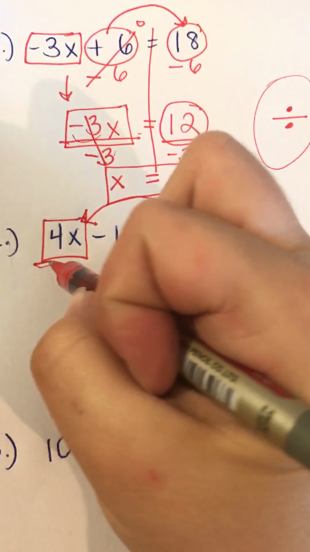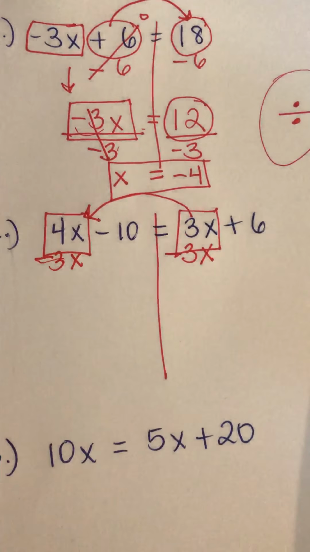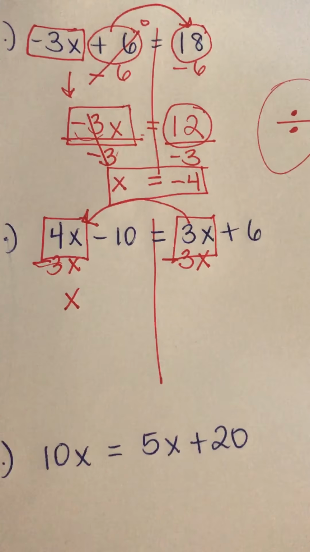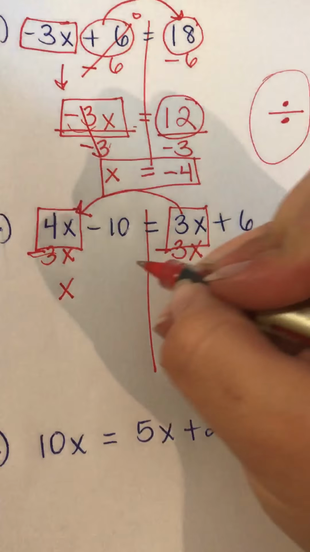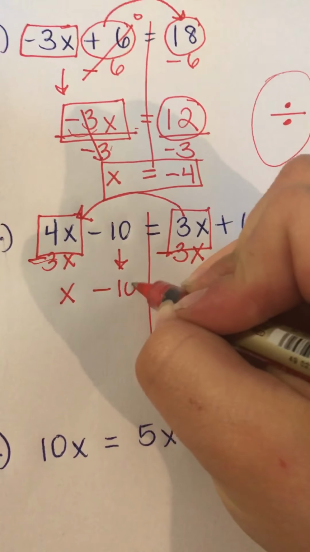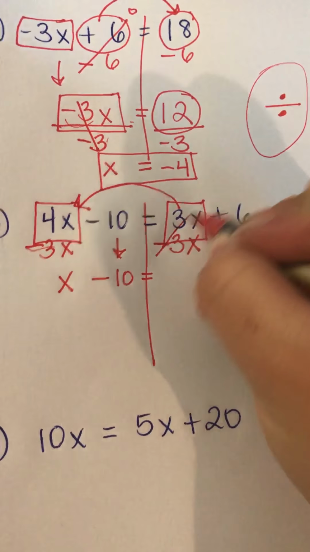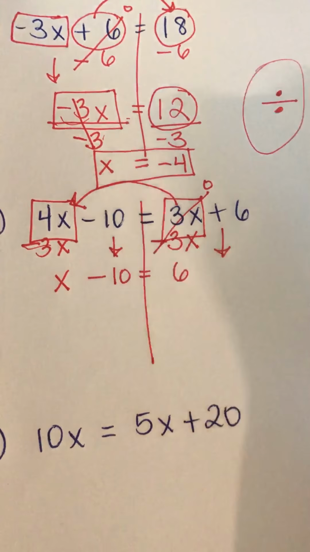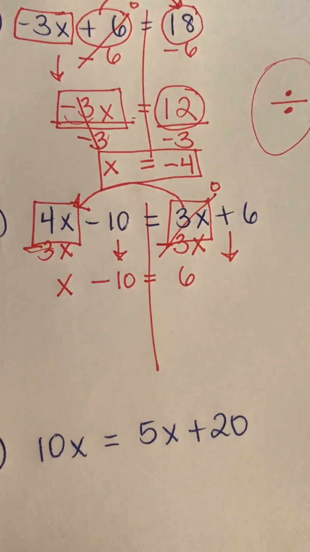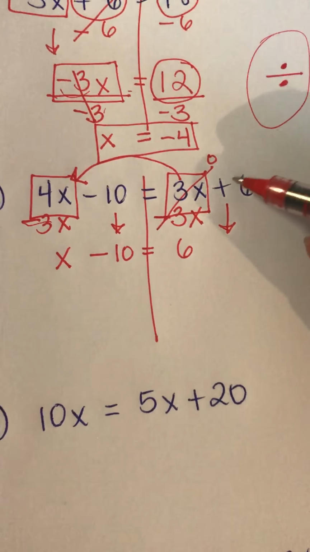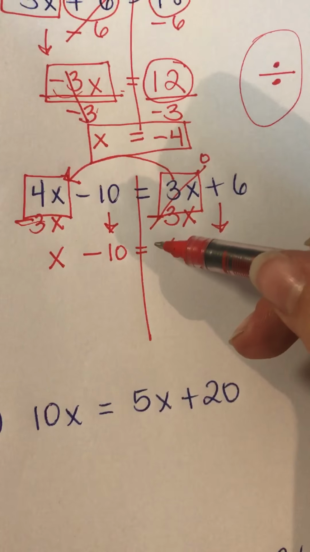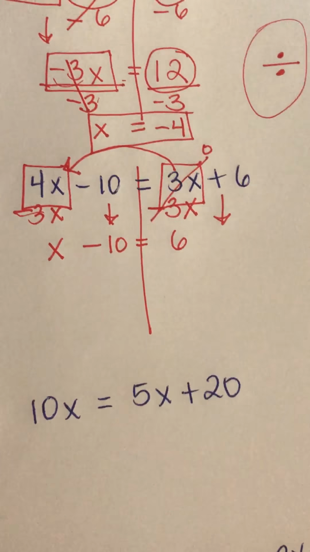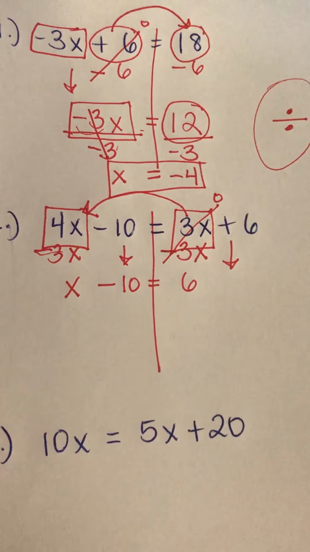So I'm going to subtract the 3x. 4 minus 3 is 1x, which is the same thing as x. Negative 10 equals 3 minus 3 is 0, and I still have a plus 6, or a positive 6. I don't really need the positive sign because when it doesn't have a symbol, it means it's positive. I need it if it's a negative, but this one is positive, so I don't need it.